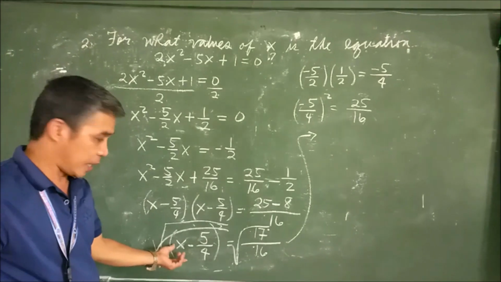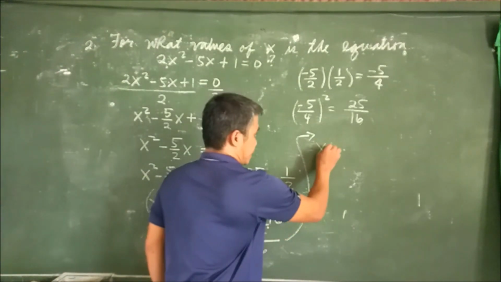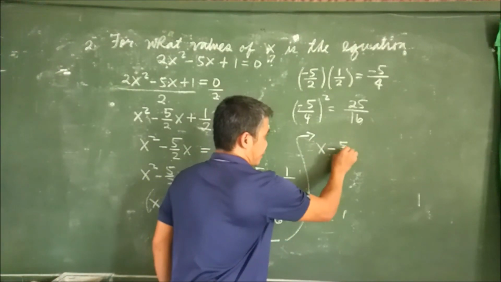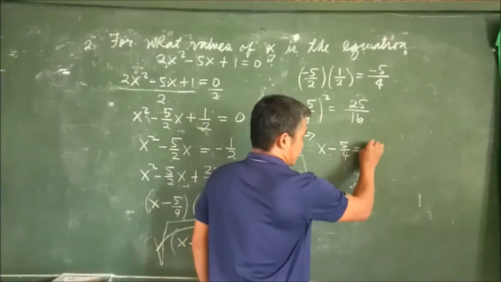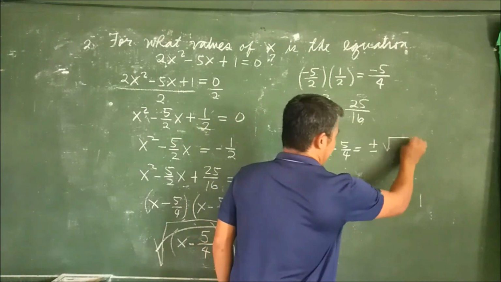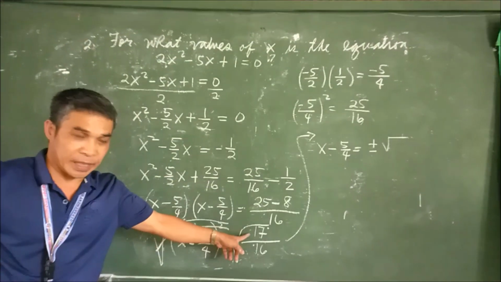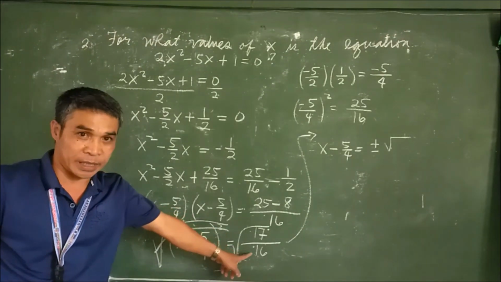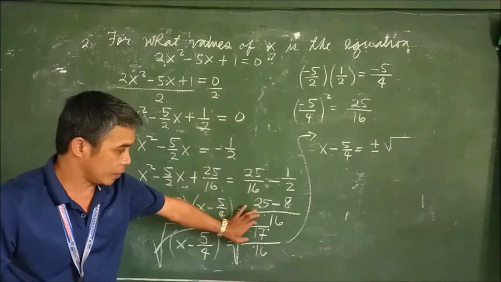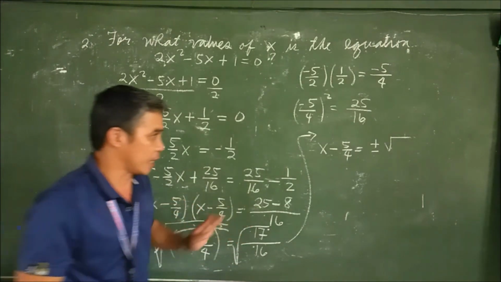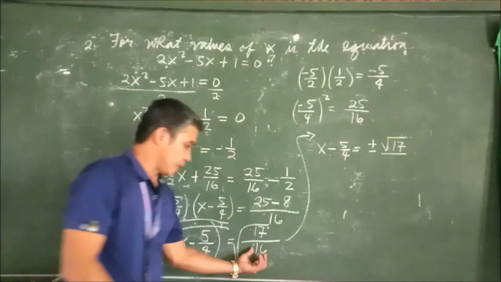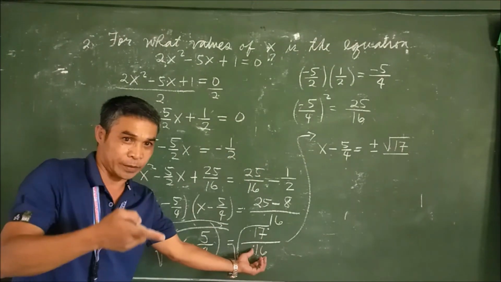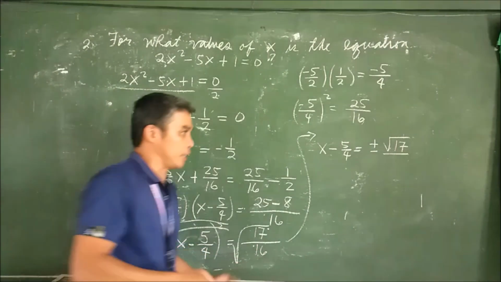Ang matitira na lang ay yung x minus 5 over 4 is equals to plus or minus square root of, ang 17 is not a perfect square while 16 is a perfect square. Kaya ito na lang yung hindi makakalabas sa ating radical sign. Kaya 17, then yung 16 is a perfect square, that is 4 times 4. Therefore, the square root of 16 is 4.